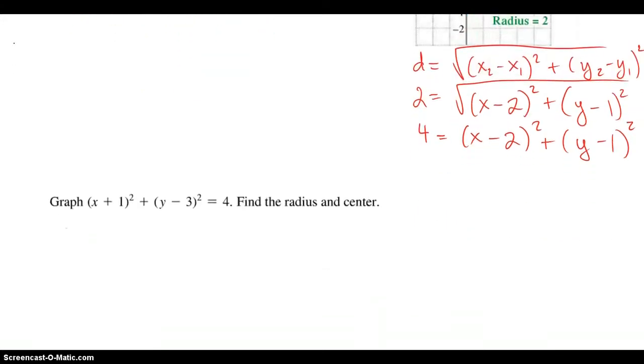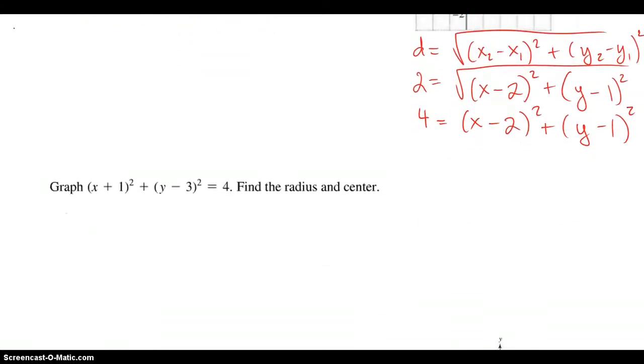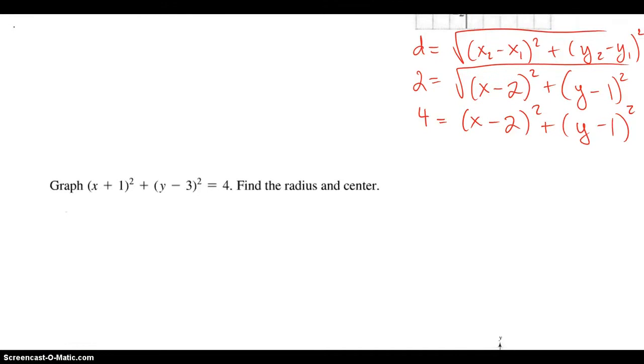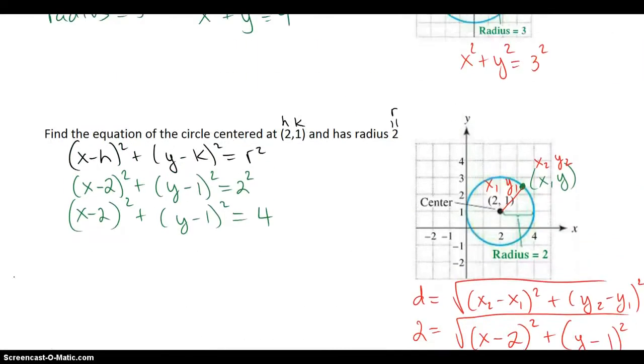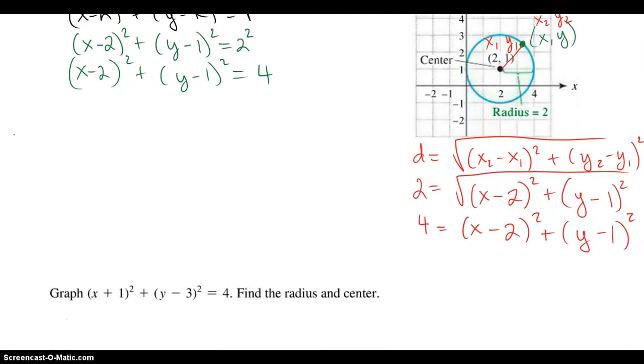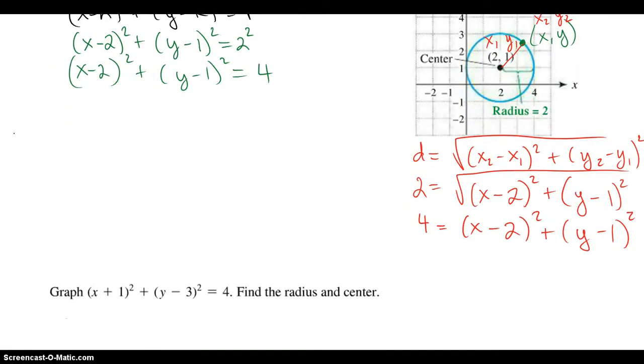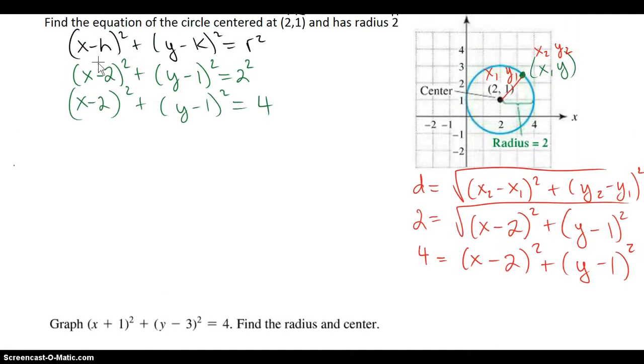Okay. Next one. So now you can graph any equation in standard form. Because here, if we look at our formula up here, we can visualize what the h and the k are. So here, I can see that my h has to be the opposite sign, because x minus h is the formula.